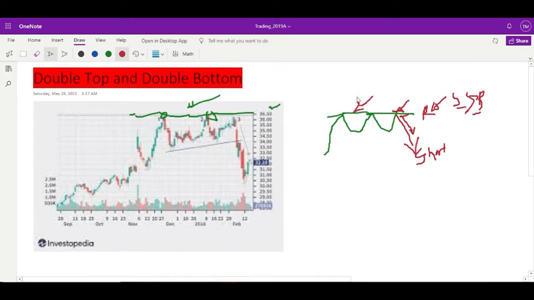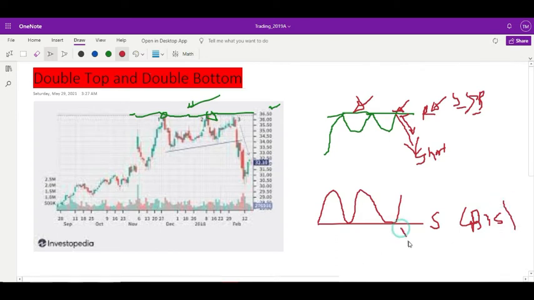So the question is, what is a double bottom? A double bottom is generally the reverse, where the market is railing, touching this support line. It is a support line, and we always say there are more buyers than sellers, right? So now you are not trying to find an opportunity to short.